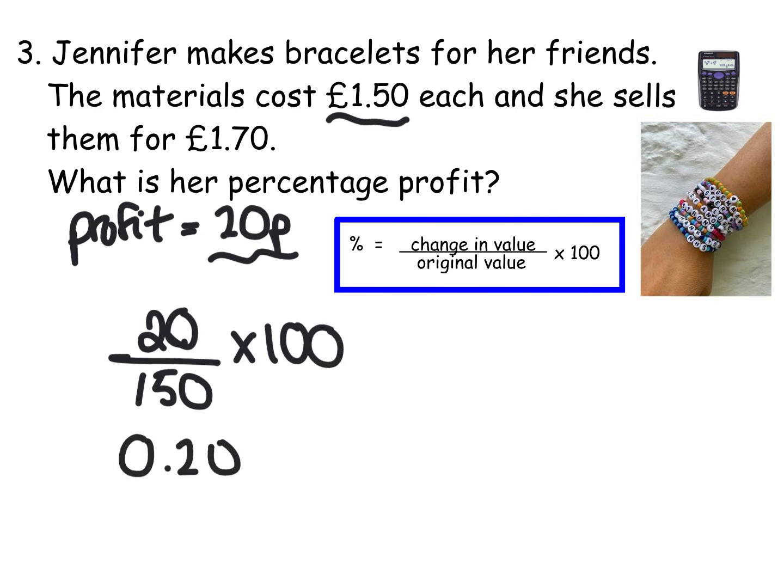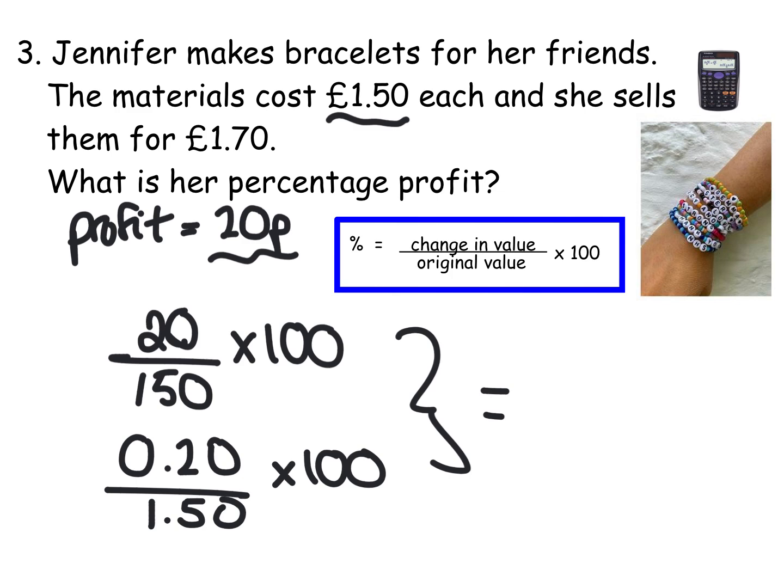Think of it as 20p out of £1.50 times 100, and you'll go to your calculator and type one of those in. You do top divided by bottom, so 20 divided by 15, times 100 gives us 13.333333. So I think it is safe to say it's 13.3%, or maybe 13% if you wanted to round it. So she has made a 13% profit while selling on these bracelets.